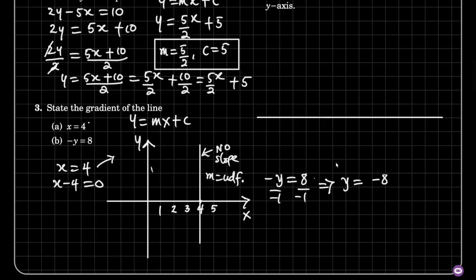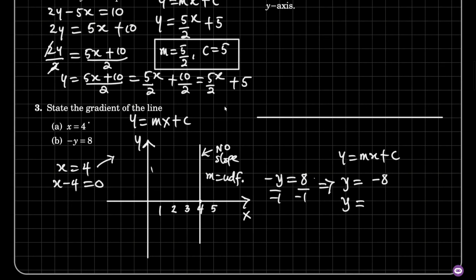Now again, we are comparing with y is equal to mx plus c. Remember that your slope only works with a constant times x. Your intercept works with a constant.